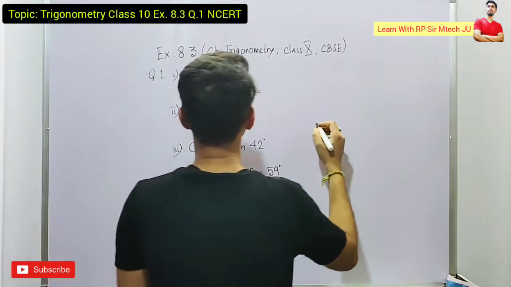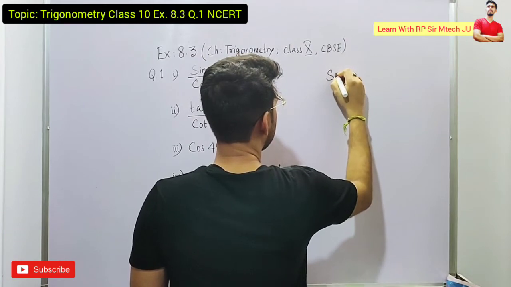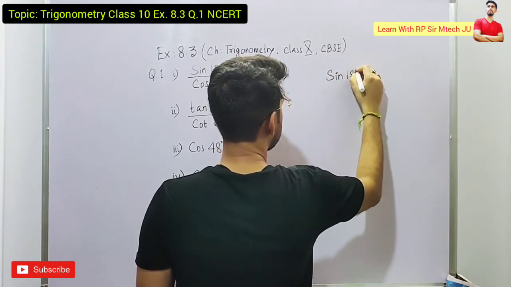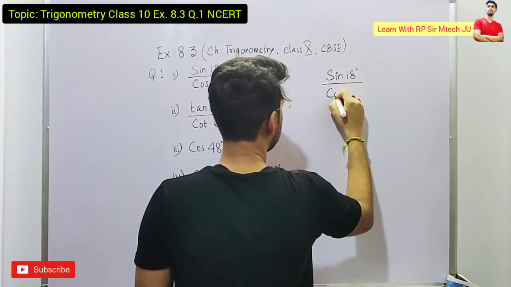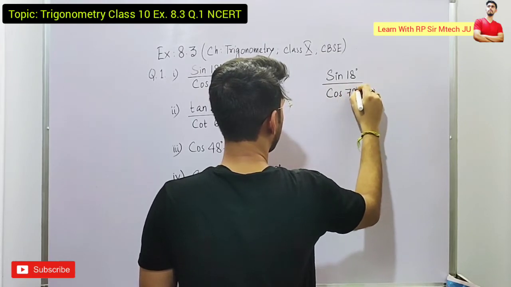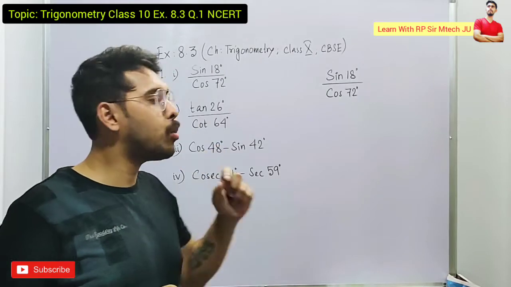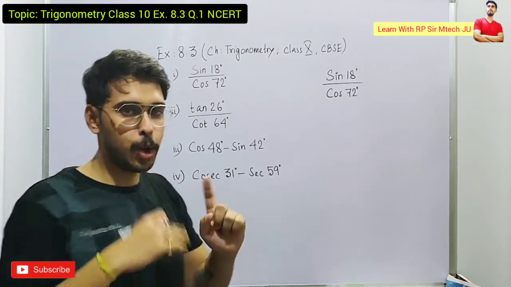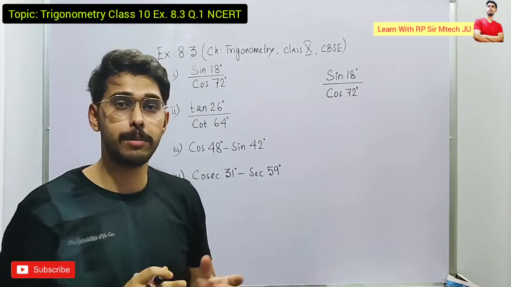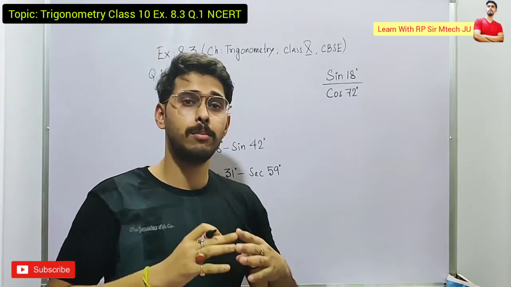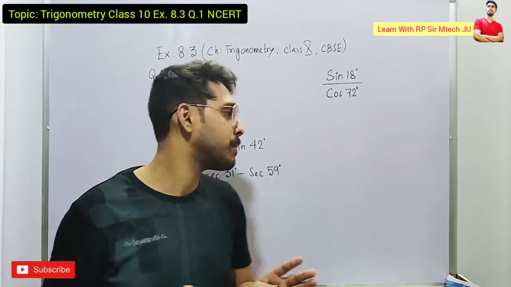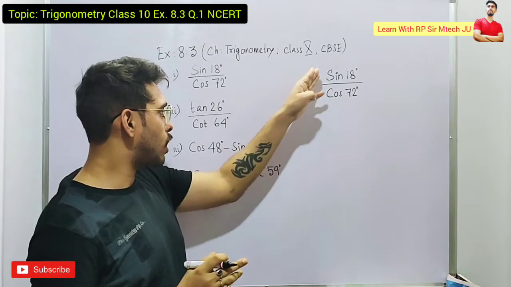The first one is sine 18 by cos 72 degree. Now all you have to do is alter any one of the two. Either you alter the numerator or you alter the denominator, but don't alter both of them. Otherwise the problem will still remain the same. So let us alter the numerator here.